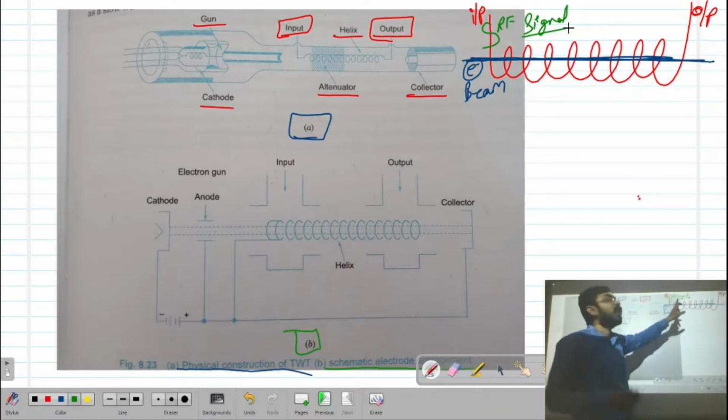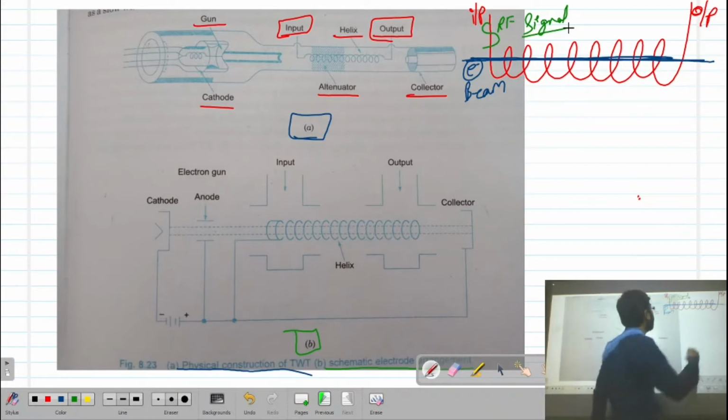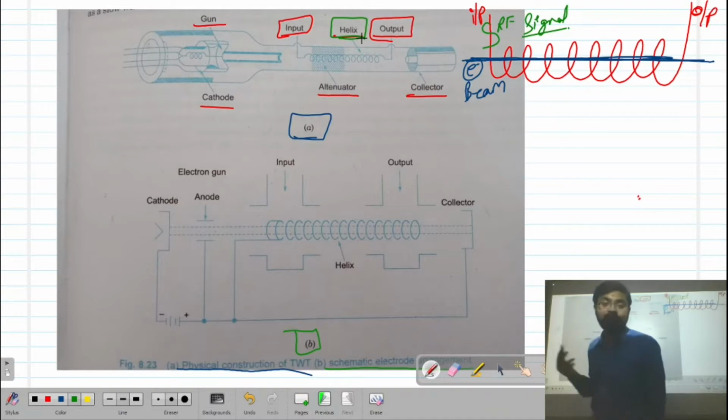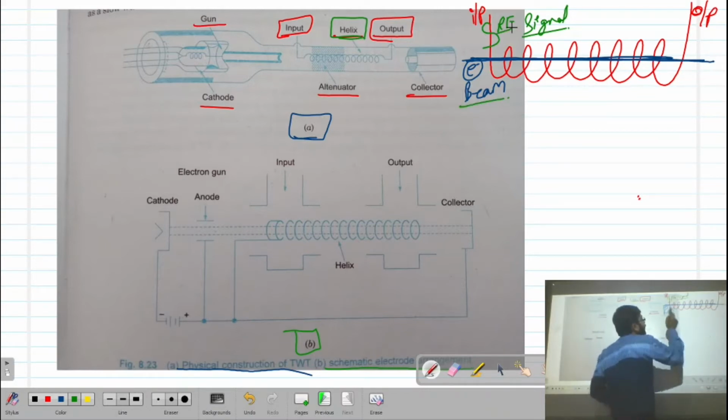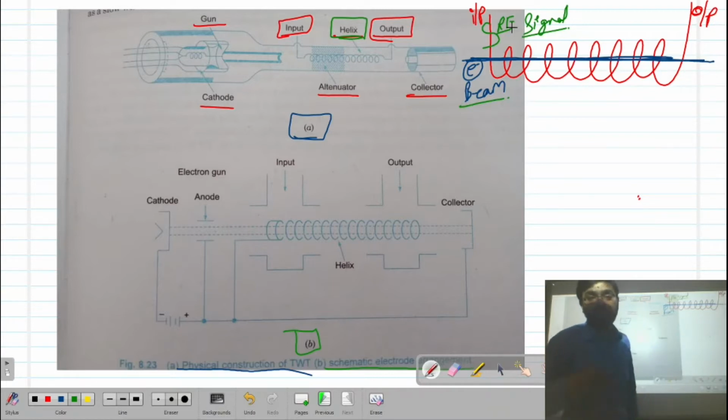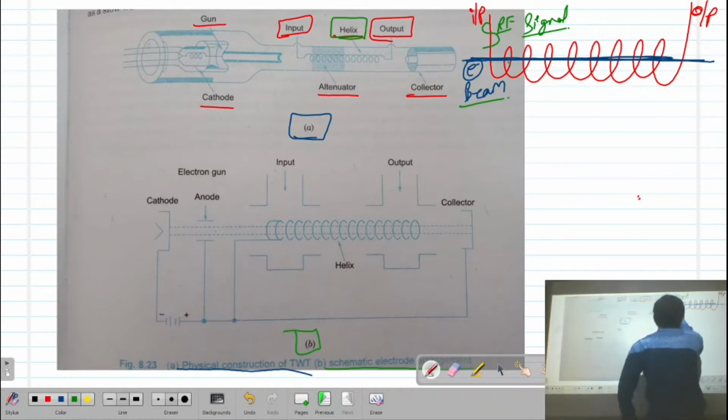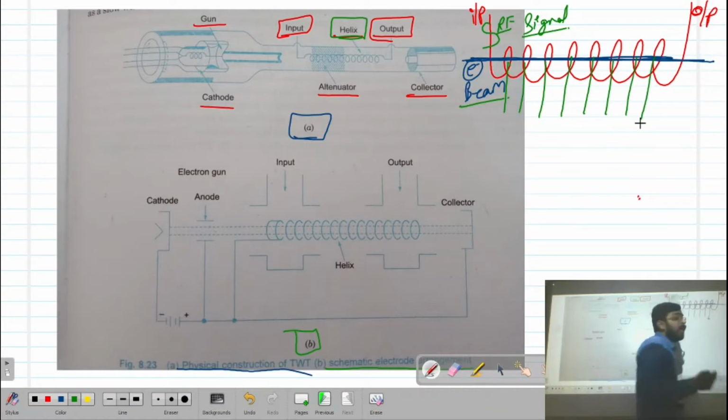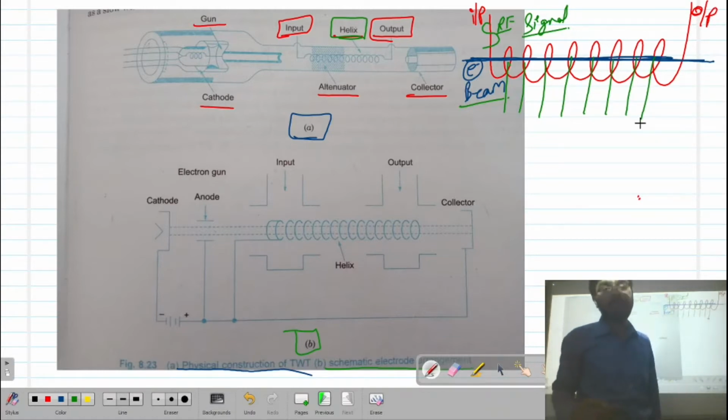Over here, the number of turns of this helical coil is responsible for the maximum interaction of RF and electron beam. Each turn will have the interaction between the electron beam and RF signal.